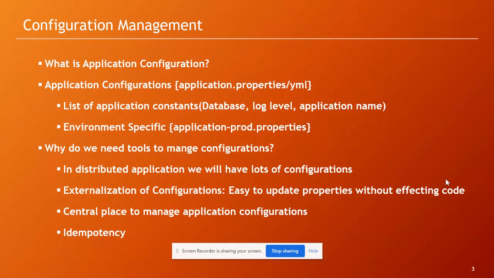For managing these many different sets of properties and the complete infrastructure of properties, you need tools like this. Also, it is very easy to separate it out, and after separation it is easy to maintain. When the code is totally separated from the properties, you don't have to redeploy your application, you don't have to restart your application every time just for changing the property files. So this is the benefit of using a configuration management tool.